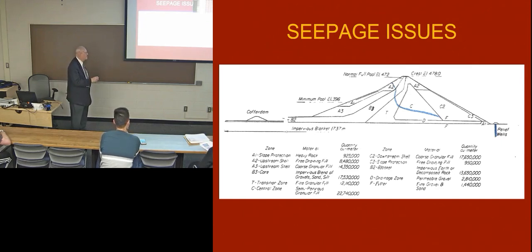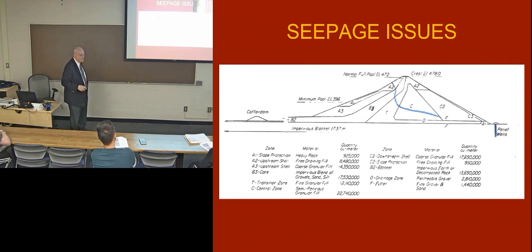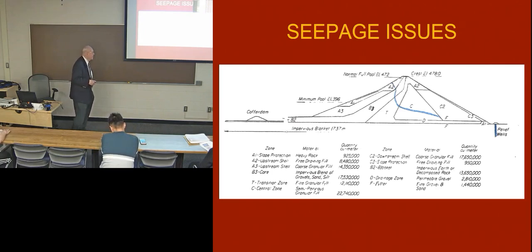And you'll see the approximate volumes of each of the various zones. Both the upstream and downstream are faced with large, heavy rocks, riprap, to protect against erosion. On the upstream side, waves. On the downstream side, just weather and so forth. But if you add up all of this volume, you come to the 140 million cubic yards.